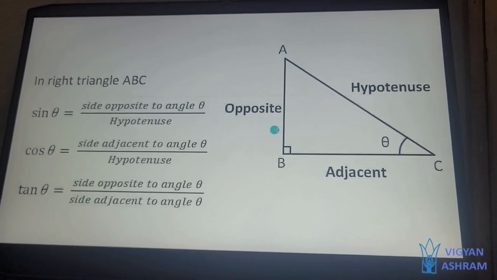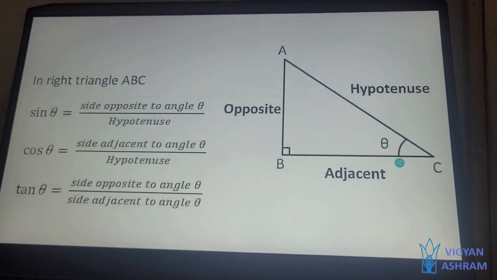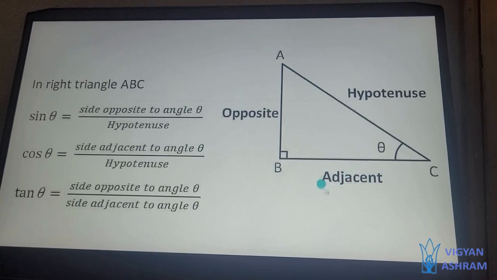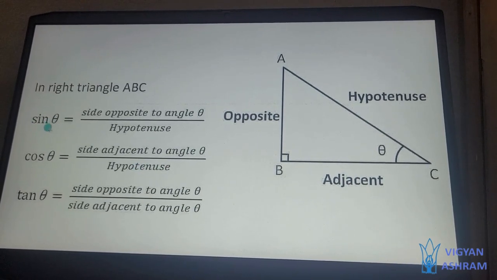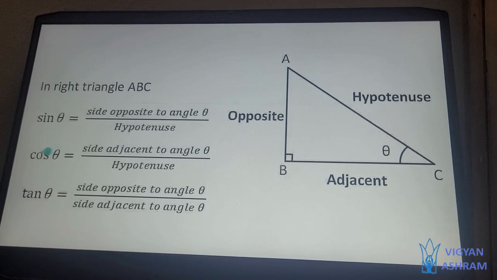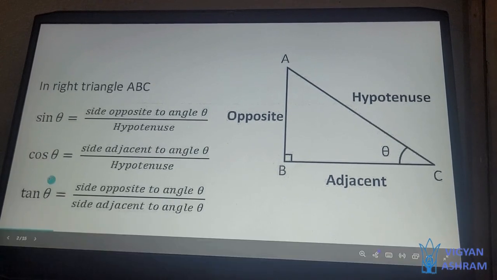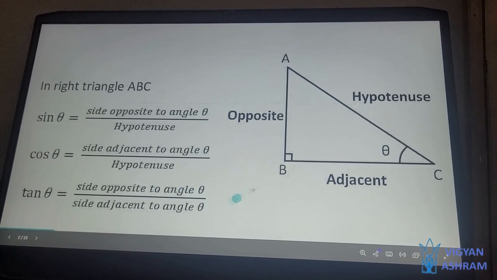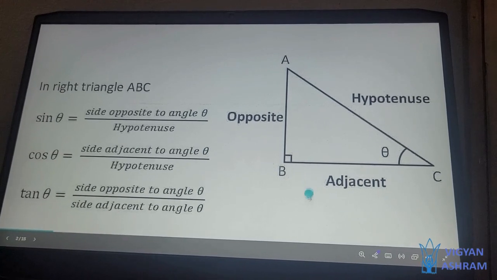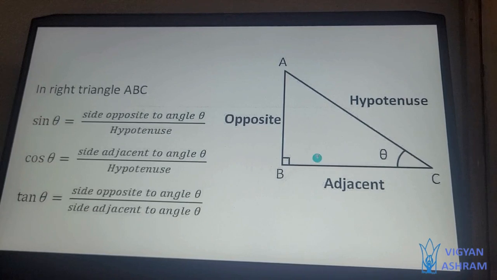The perpendicular line is the opposite side, and the bottom one is the adjacent base. The base is called the adjacent. So sin theta is opposite divided by hypotenuse. Cos theta is adjacent divided by hypotenuse. And tan theta is opposite divided by adjacent.